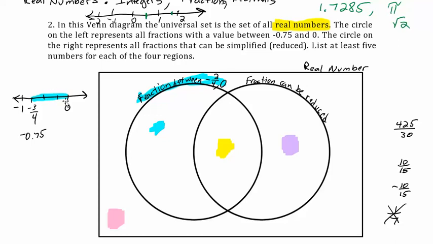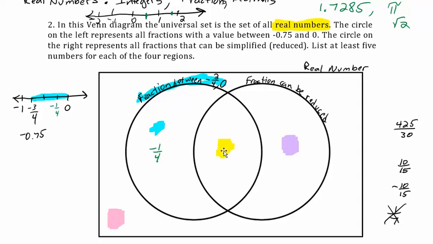So some fraction in here that cannot be reduced. Well, shoot, I think even like negative 1/4 would work, right? Or negative 1/2. That cannot be reduced, so that would work. So negative 1/4 is not inside this circle, because this circle is only for fractions that can be reduced. So that's why it's outside that circle.